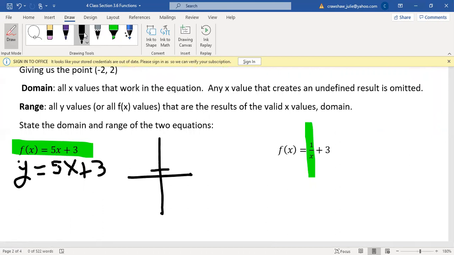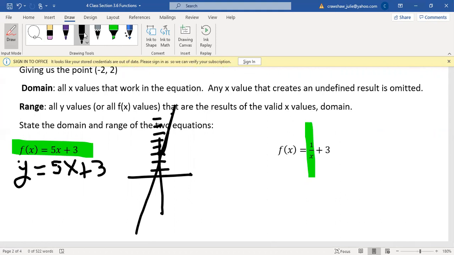If I go straight to my 3 and count out my 5 over 1, up 5 over 1, I can create a line. And I can see, oh yeah, it goes on and on in both directions. I have infinite number of x's and infinite number of y's because it goes up and down.